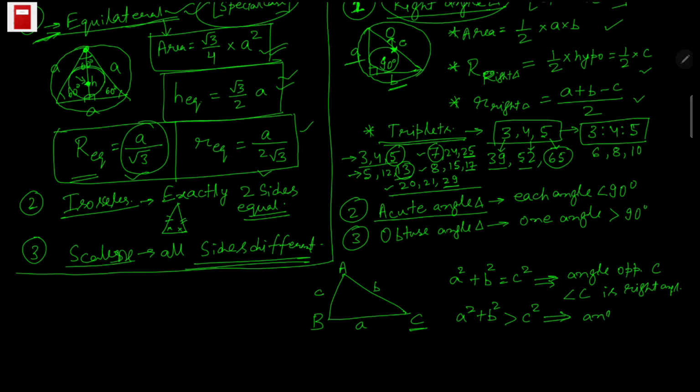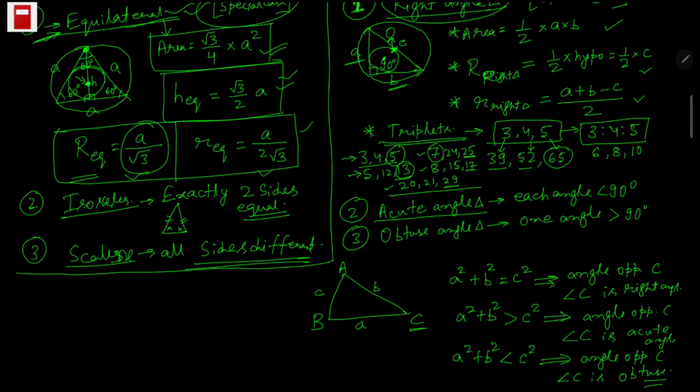That simply means that the angle opposite C, that is angle C, is acute. And if I have a square plus b square less than c square, what does this mean? Clearly the angle opposite C, that is angle C, is obtuse. I hope this is clear.